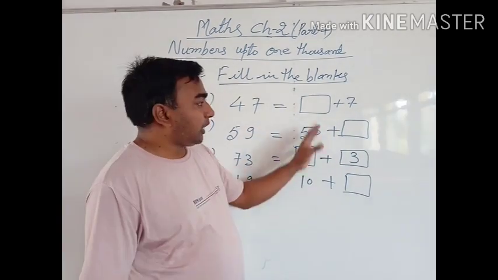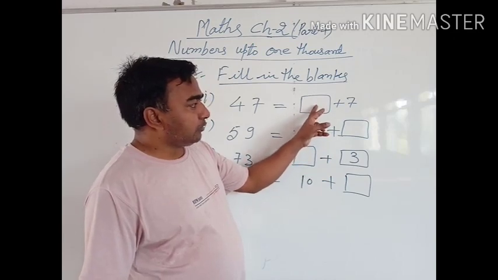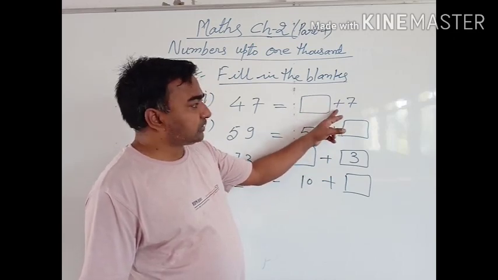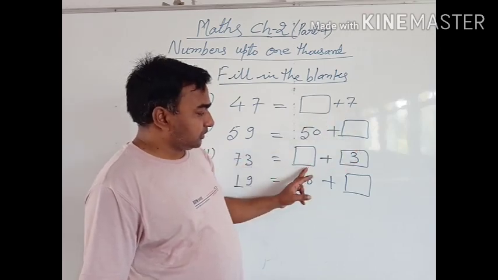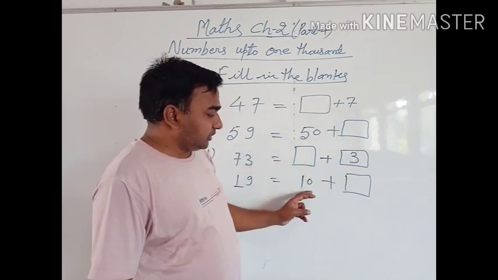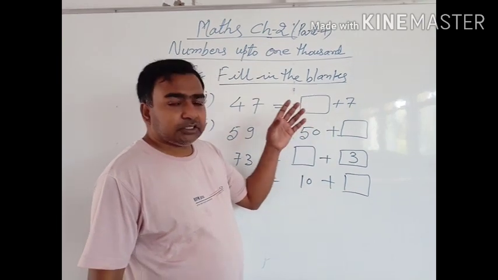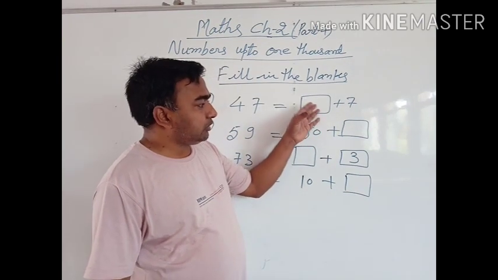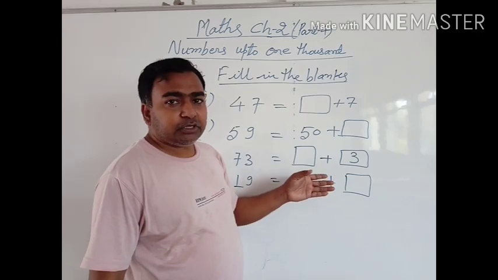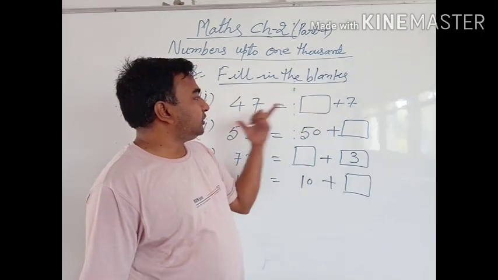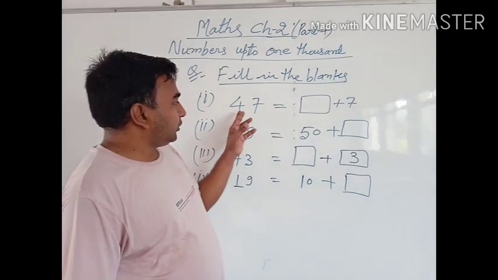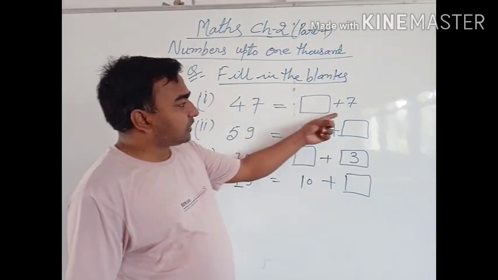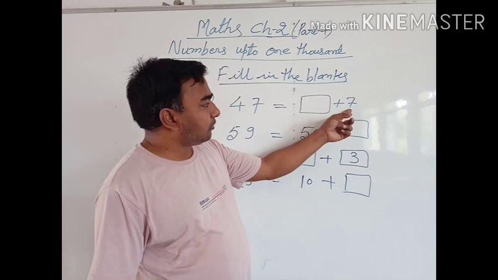I have drawn a box plus 7, 50 plus box, box plus 3, 10 plus box. It means we have to fill this box with a suitable number to complete the answer. For 47, you can see that I have written 7 after the equal sign.